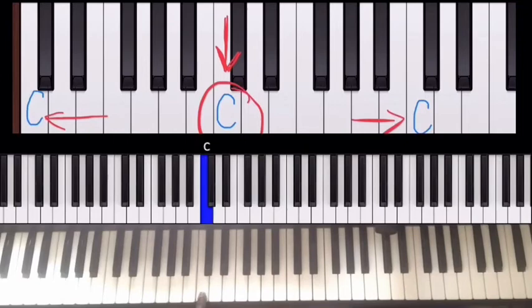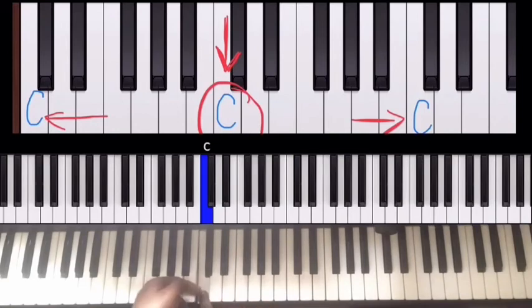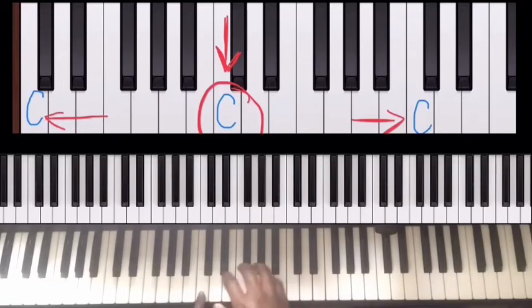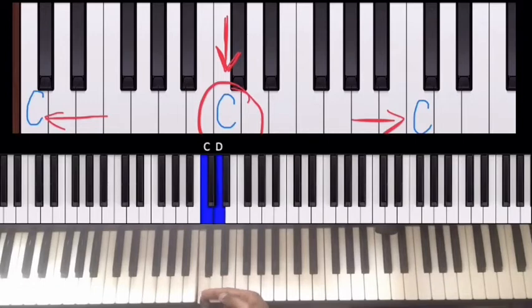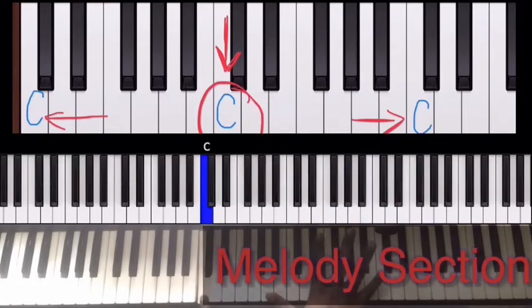Now let's remember our middle C separates our notes to the right from the notes to the left. Another thing about our middle C is the notes to the right are called the melody section notes.